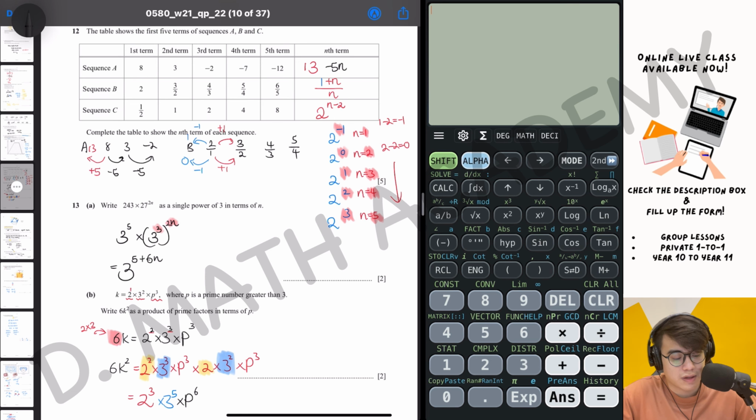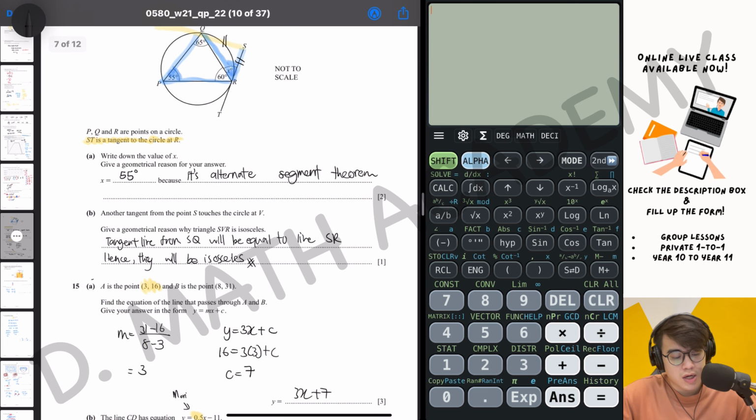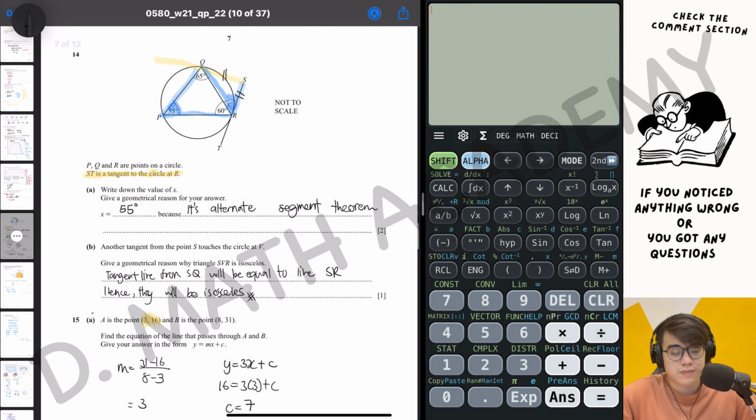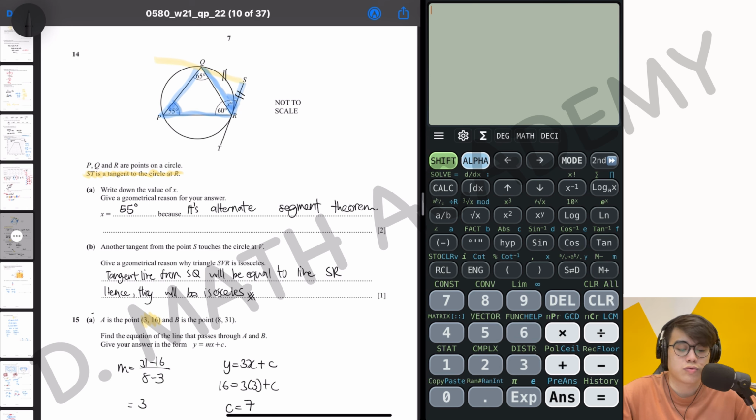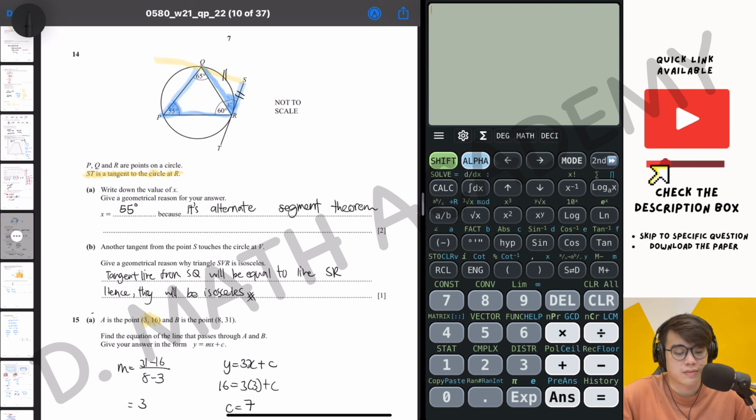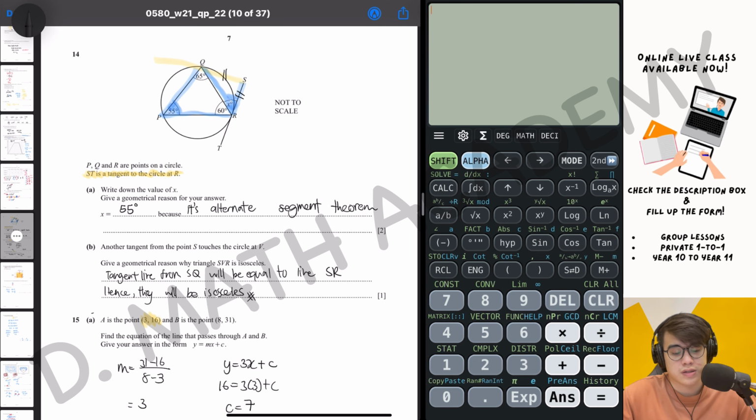This might be the part that you might lose marks. 14b as well, this is something new. But if you did draw it out, you should know it looks exactly the same. That's why you can mention that the tangent lines, the lines that they form, will be equal to each other.